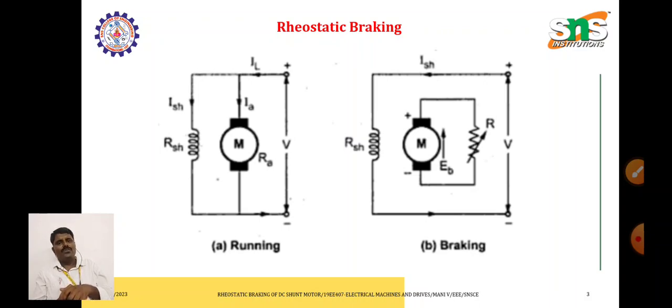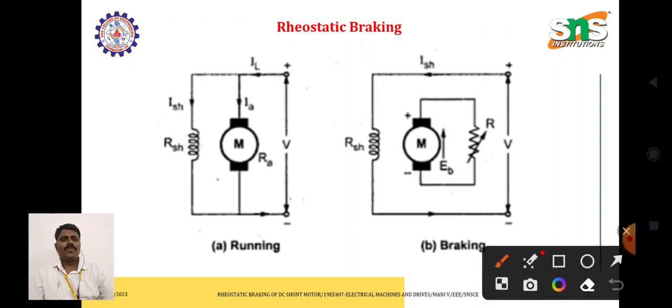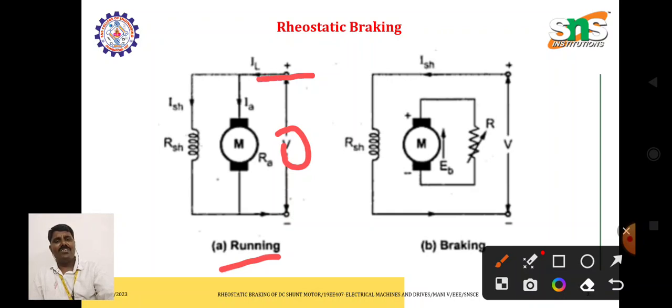Now you can consider the rheostatic braking of this shunt motor. Here, the first image is nothing but the running system, and this is the supply voltage. From the supply voltage we get the supply current, the line current, which is divided into two parts according to the current division rule.